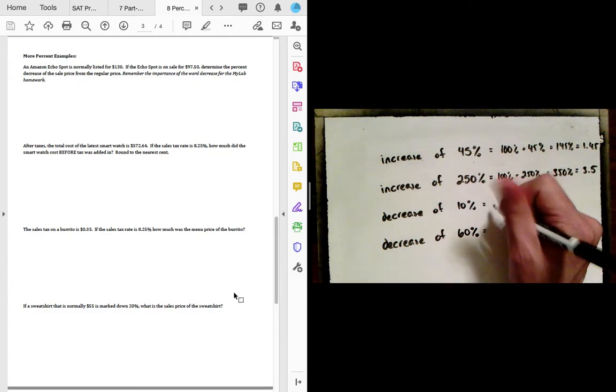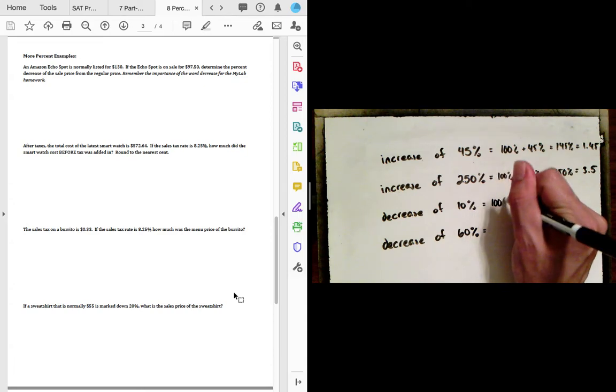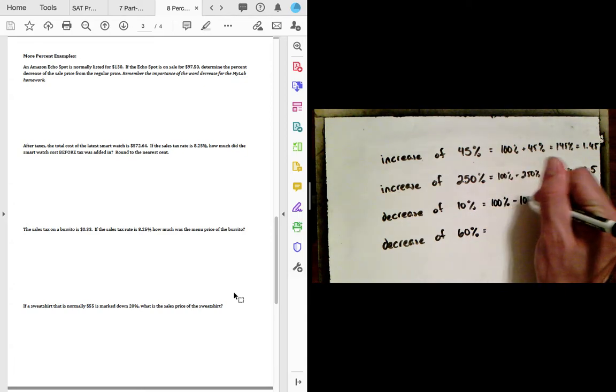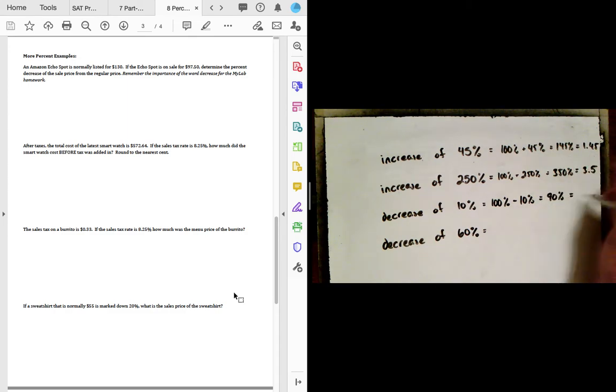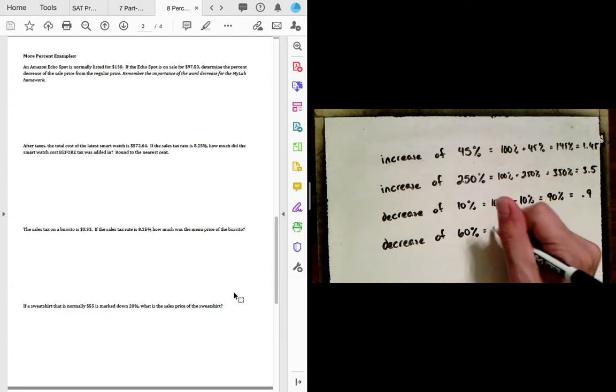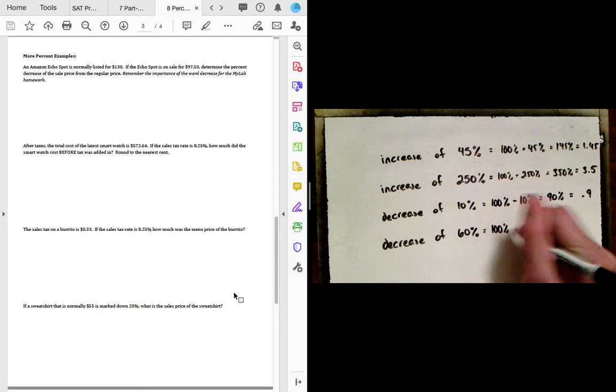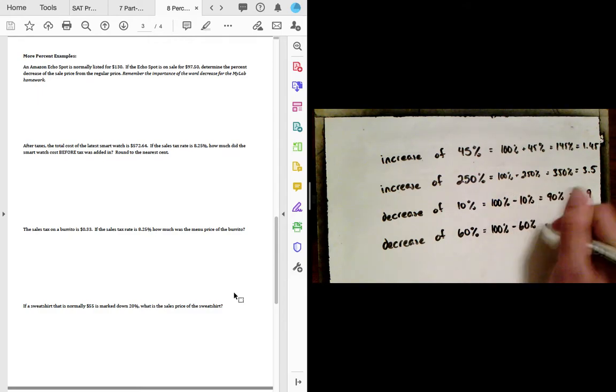A decrease of 10% would be 100% minus 10%, which is 90%. And 90% as a decimal is 0.9 or 0.90 if you want to put the 0 in the end here. And then lastly, a decrease of 60% we could say is 100% minus 60%, which is 40%. And 40% as a decimal, 0.4 or 0.40.